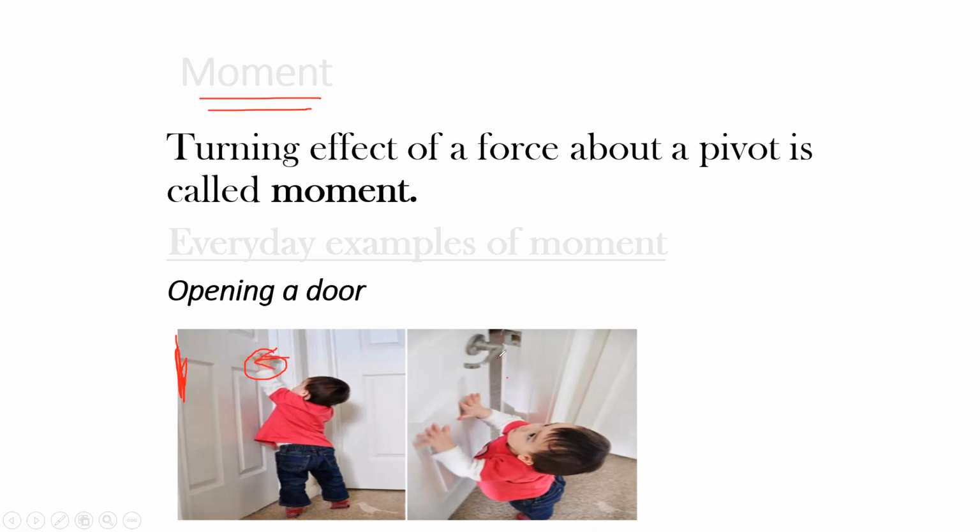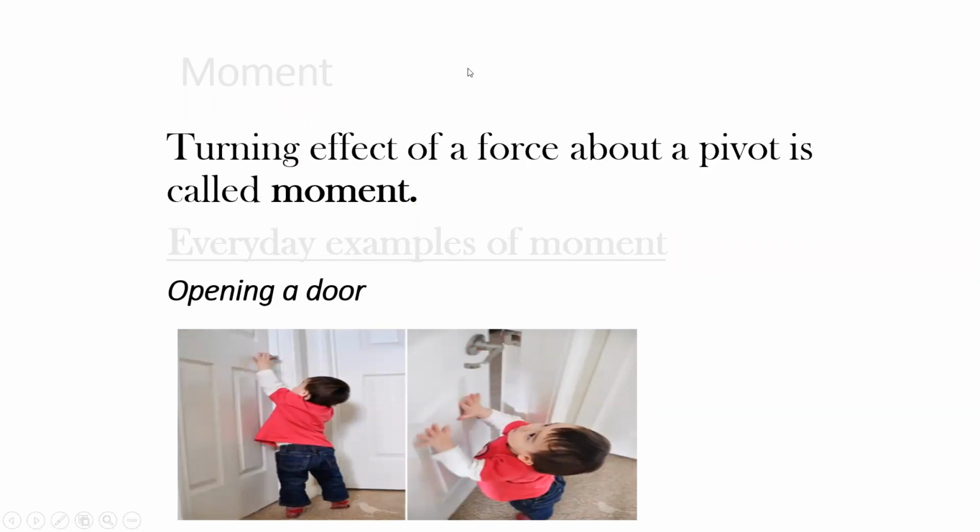So when he's applying the force, what happens to the door? The door will rotate. So whenever anything rotates about a fixed point, we call that a turning effect of the force, or in short we can say it is a moment, or a moment is produced. So opening or closing of a door is a simple example of a moment.